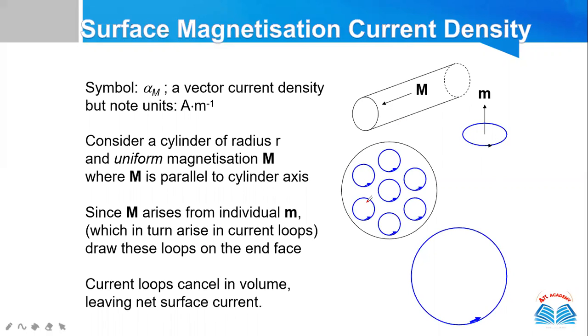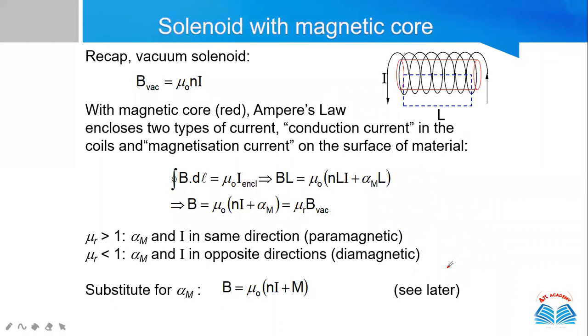Many small dipole moments will be generated, accumulate, and make one summed dipole moment having the same direction, the direction of this arrow. So in the volume there is nothing, no current inside the volume. This is the basic phenomenon.